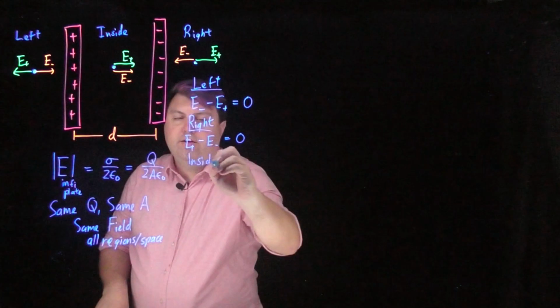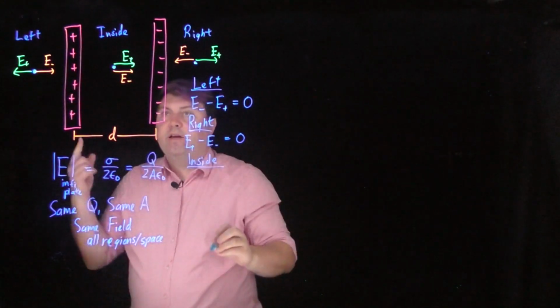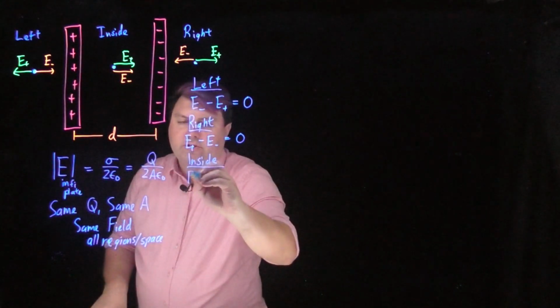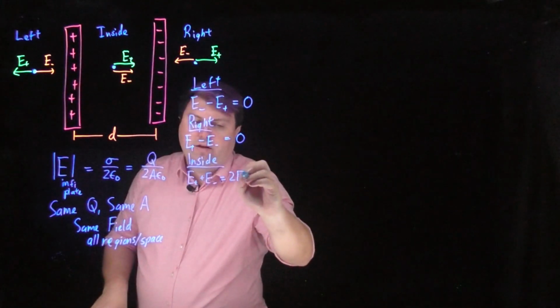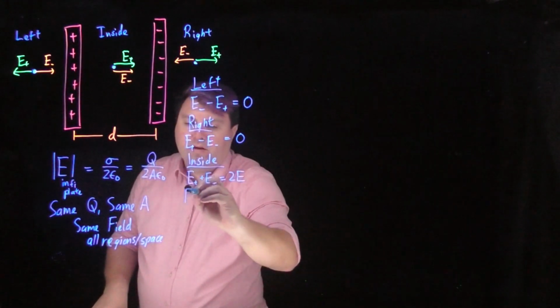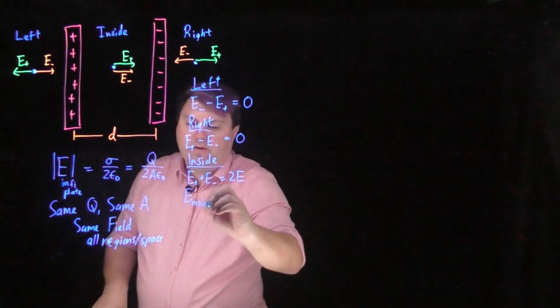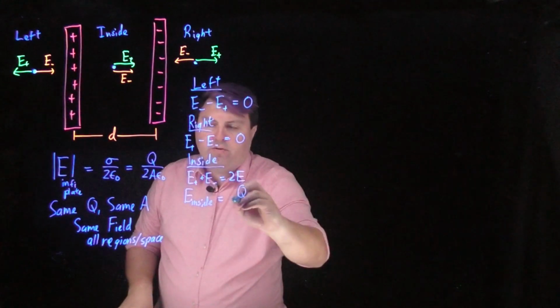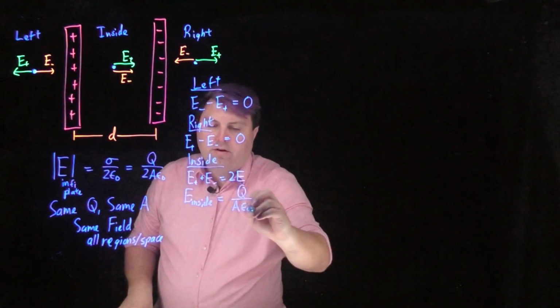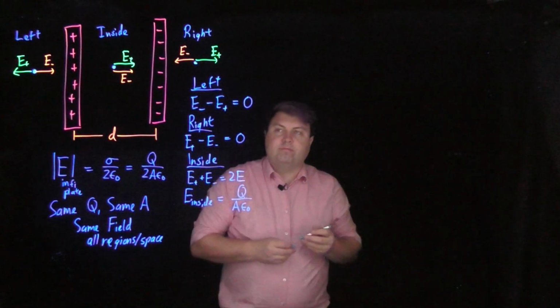On the inside, they both go in the positive direction, so E plus plus E minus is 2 times the magnitude of one of them. So the electric field inside is twice one of these plates, or Q over A epsilon naught.